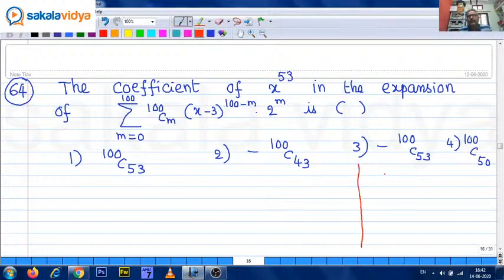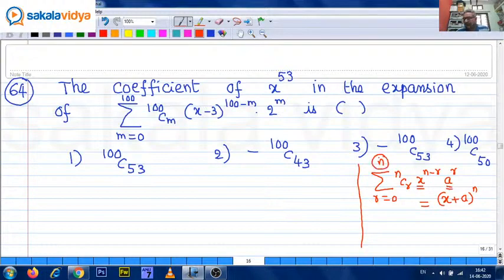Sigma r equals 0 to n nCr x to the power of n minus r a to the power of r equals (x plus a) whole to the power of n. This is x, this is a, this will be the power.